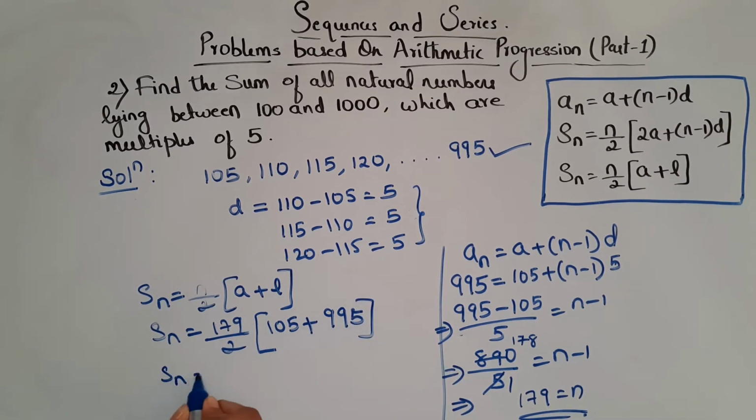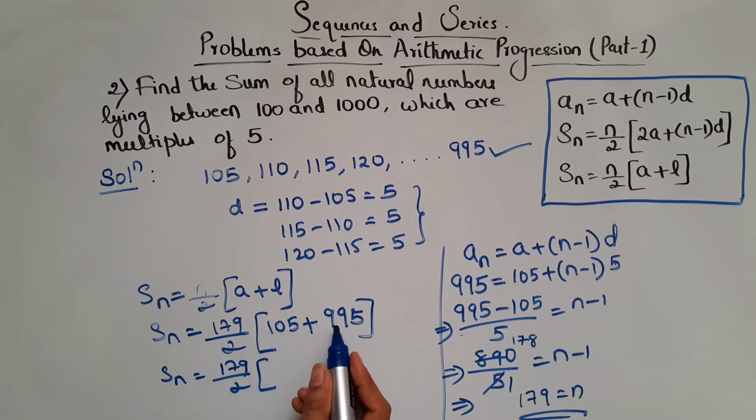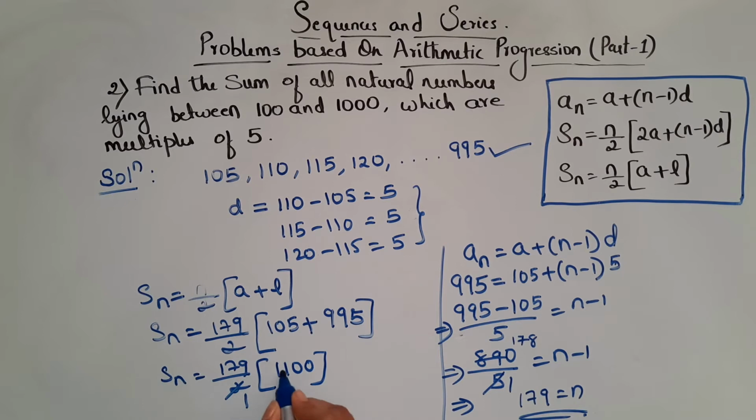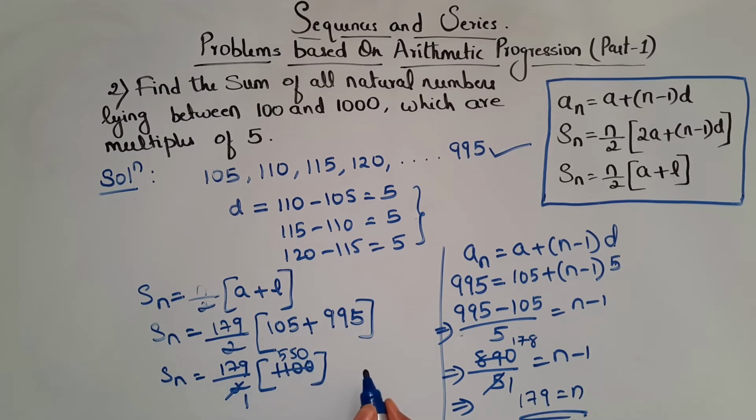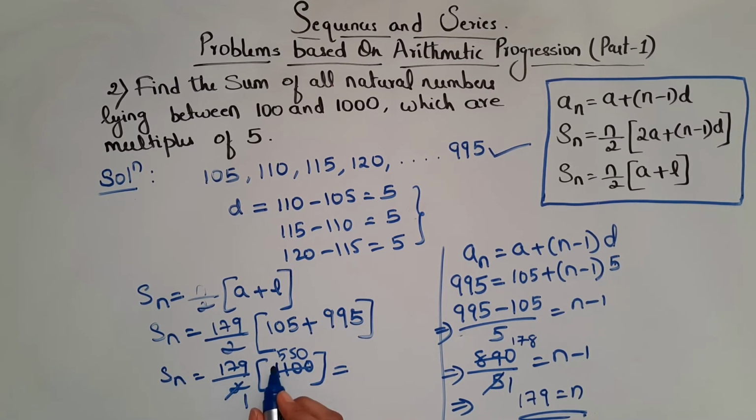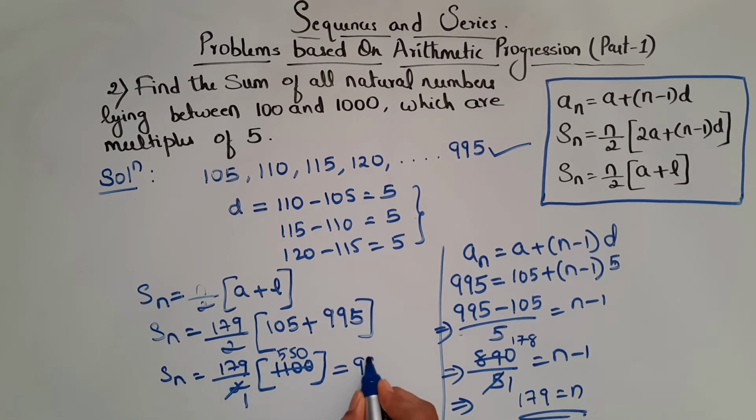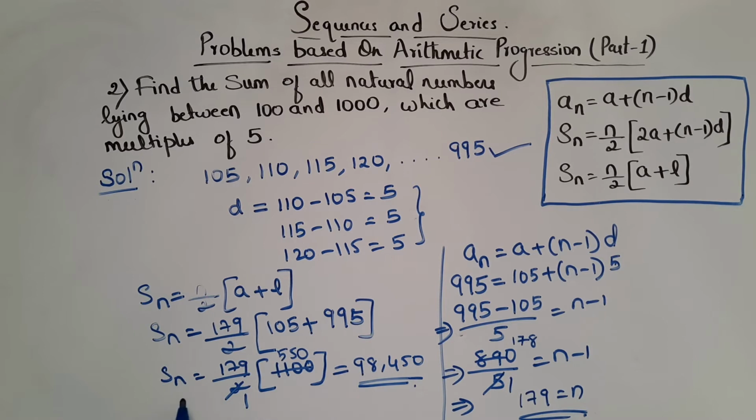So Sn is equal to 179 by 2 into 105 plus 995, which will give you 1100. 2 5s are 10, so 550. When you multiply 179 into 550, it will give you 98,450. So therefore the sum of all natural numbers lying between 100 and 1000 is 98,450.